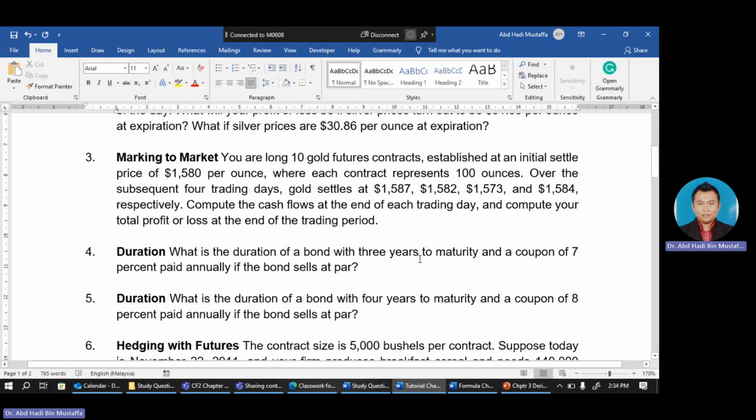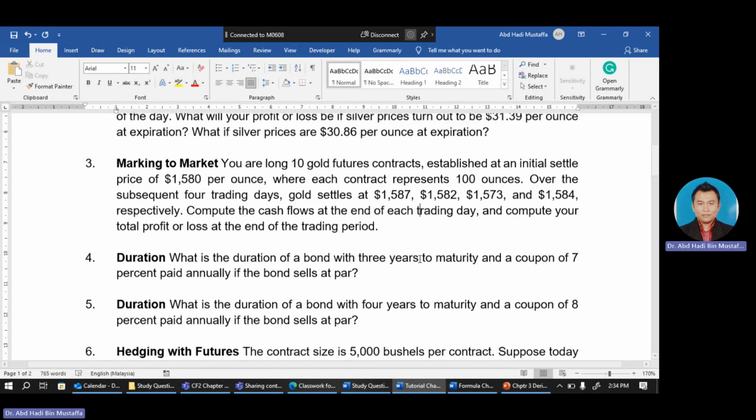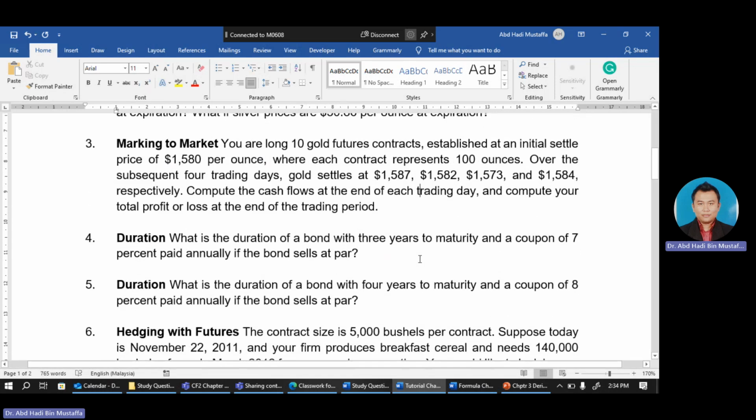Okay, can I proceed with question number 3? Boleh. Okay, question number 3. What is the difference between question number 3 with question number 1 and 2? Dengar betul-betul. Question number 1, dia punya settlement price, expiration price satu saja. For question number 2, 2 expiration prices.